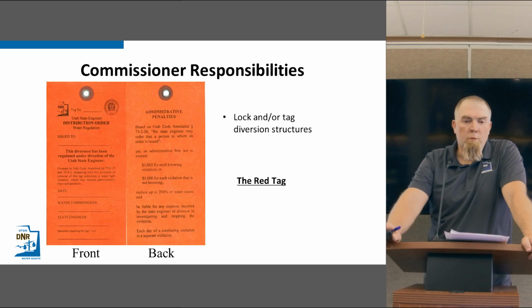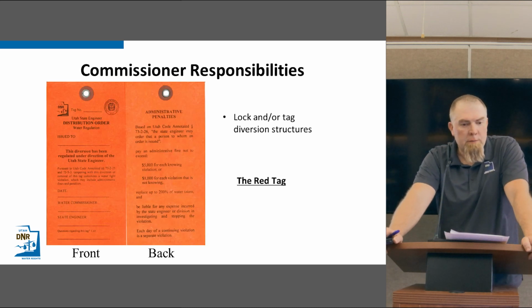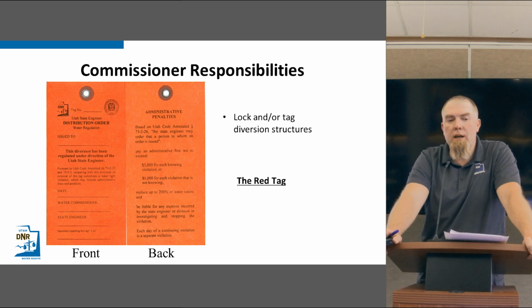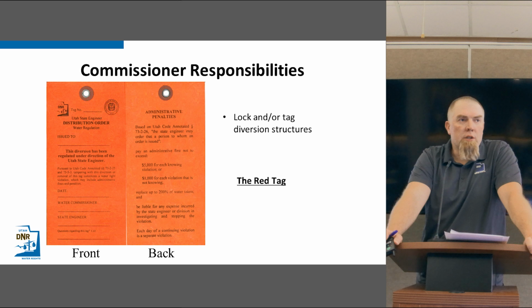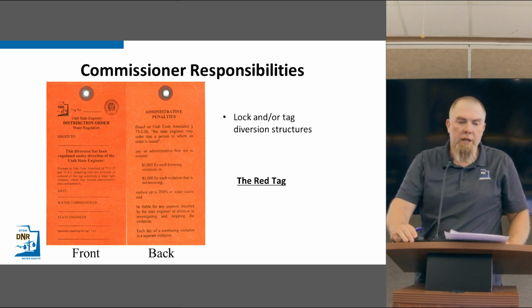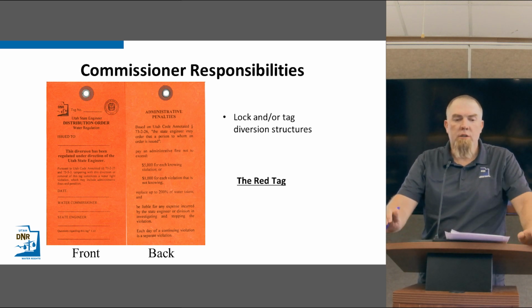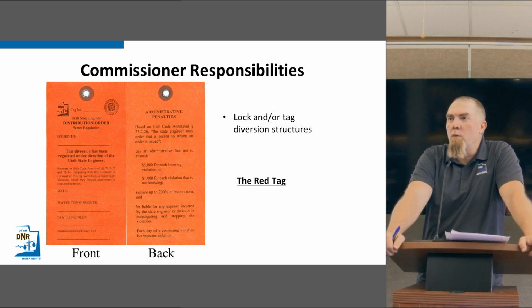So we also have these red tags. As you can imagine, a red tag means you're probably in some big trouble. John talked to you a little bit about enforcement actions. This is our next step after we submit a white tag on a diversion.